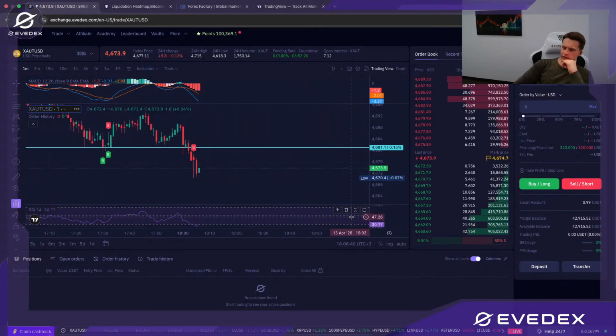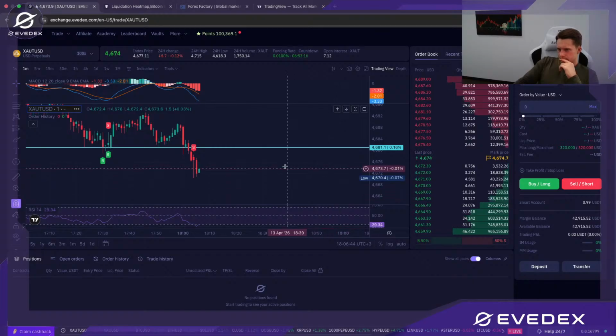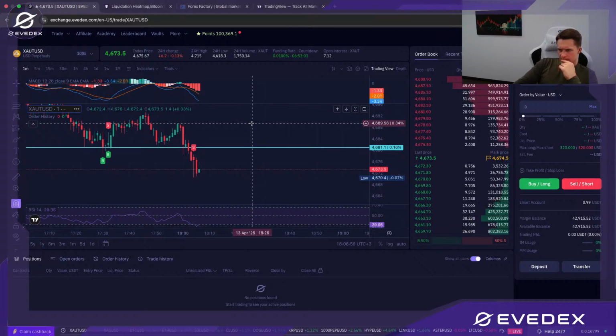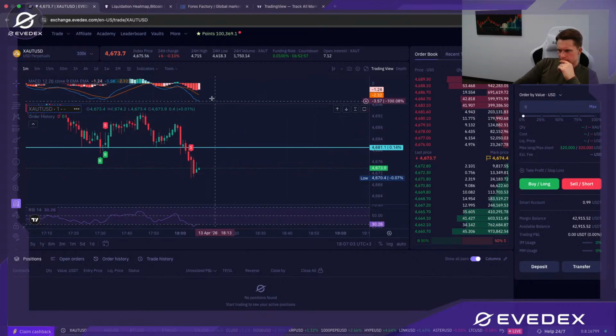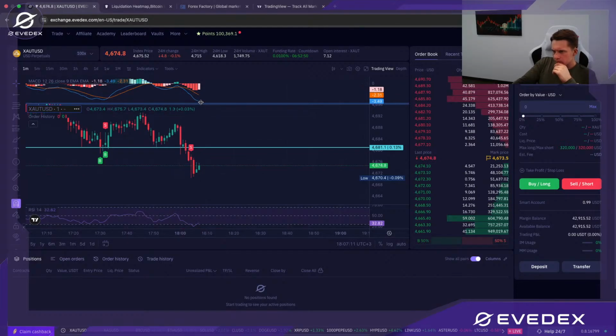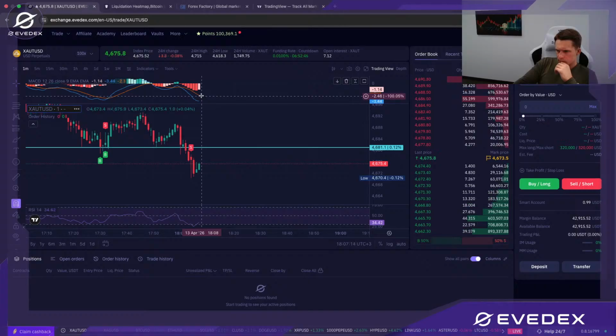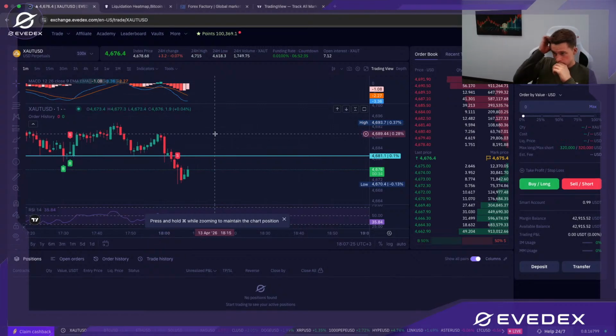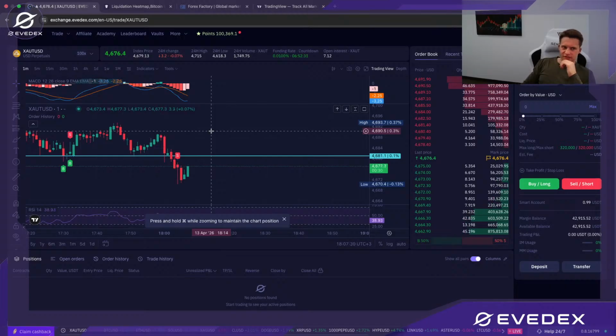We're in the 30s with the RSI indicator. About 30 seconds left on that candle.